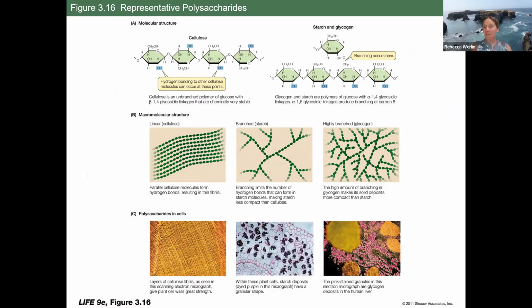Now, most animals, be they termites or koalas or geese or cows, cannot break that beta 1,4 glycosidic linkage and instead rely on bacteria to have the enzymes called cellulases to break open the cellulose made by plants. And so cellulose is an unbranched chain of glucose that fills a structural role in plants.